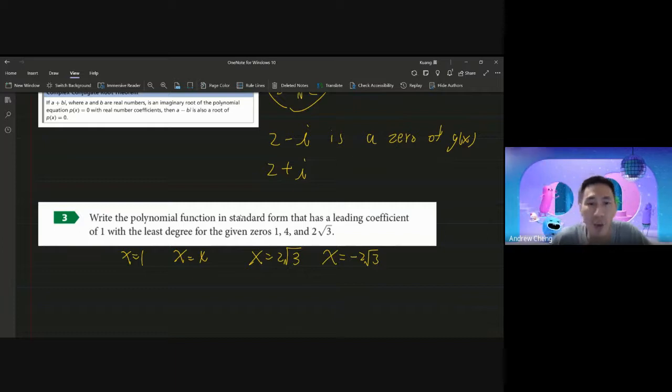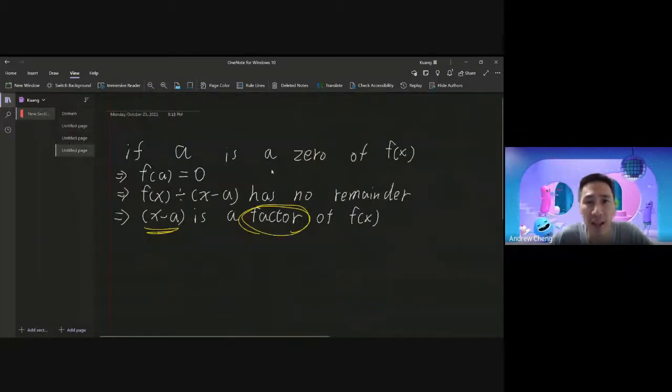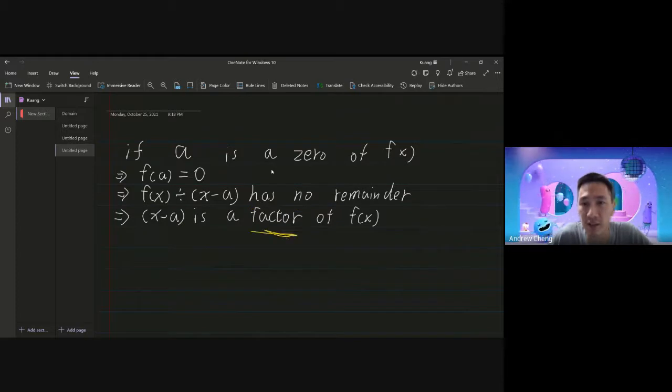How can I write a polynomial function with these zeros? Like I said before, if a is a zero of f of x, then x minus a is a factor of this function.